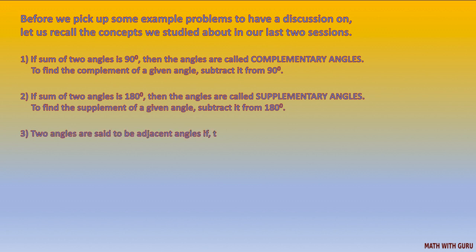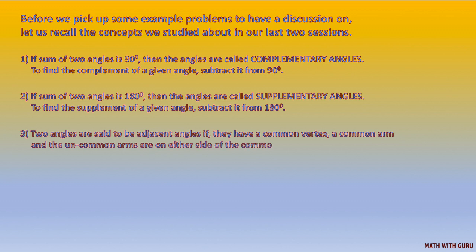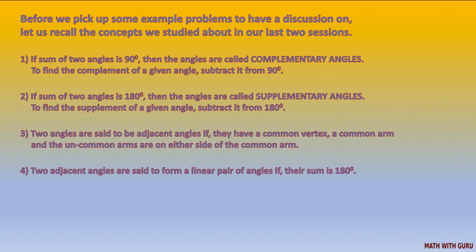Two angles are said to be adjacent angles if they have a common vertex, a common arm, and the uncommon arms are on either side of the common arm. Two adjacent angles are said to form a linear pair of angles if their sum is 180 degrees.